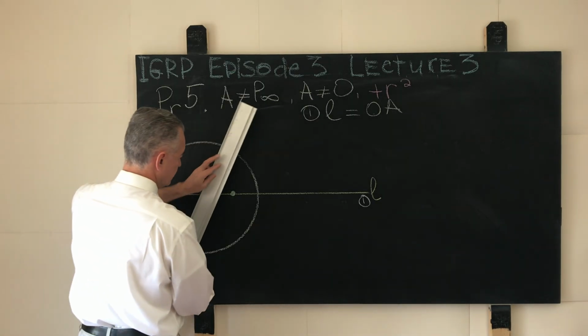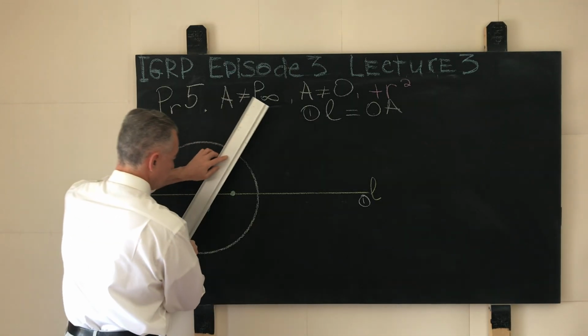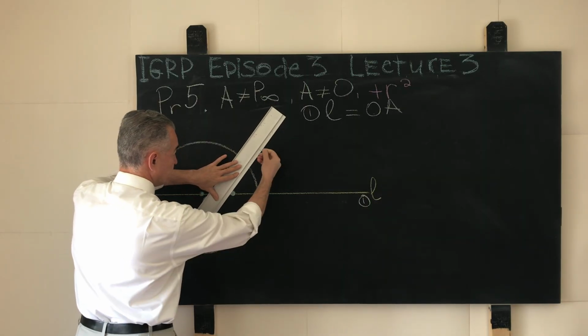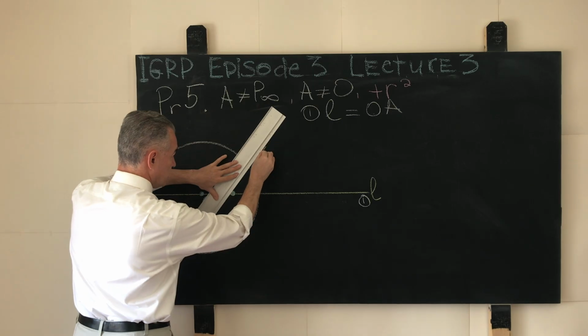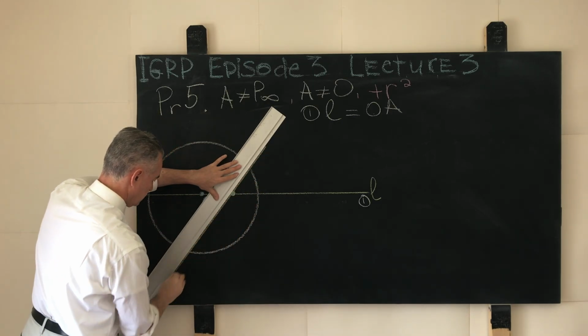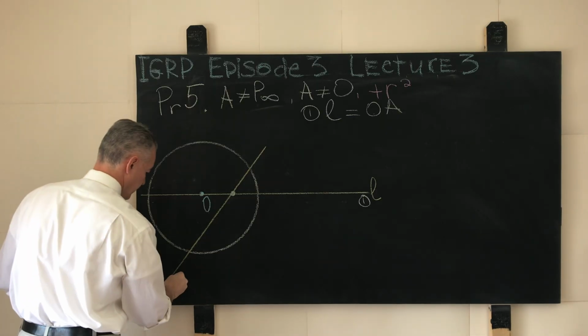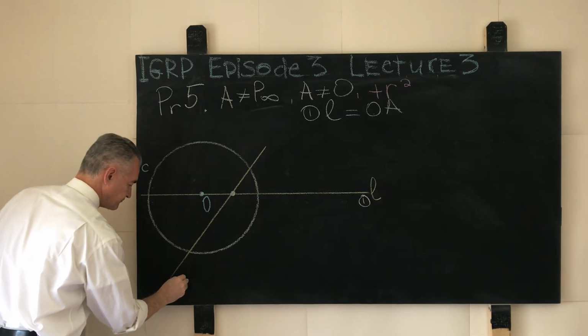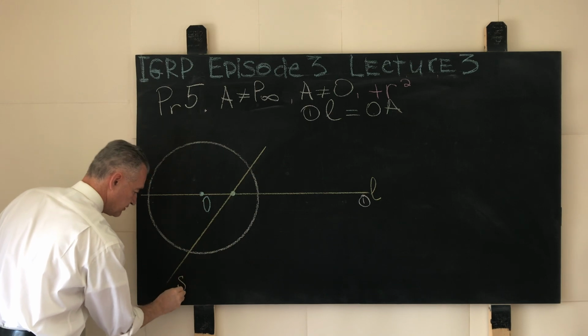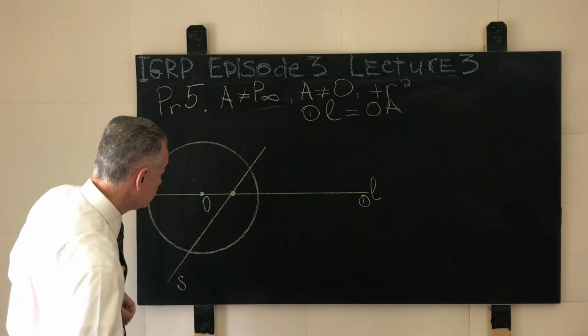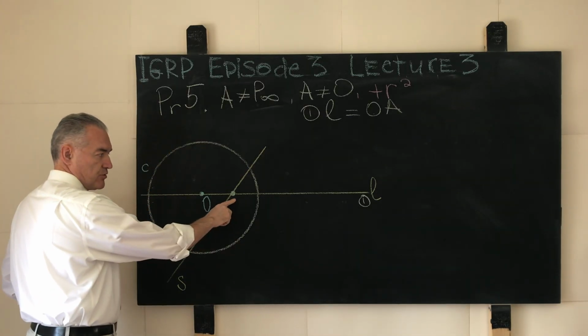In this case, the point is located inside of the circle of inversion. That's fine. So we go like this. For example, we construct a secant. We will refer to this straight line as s, lowercase s, for secant, through the given pre-image point.